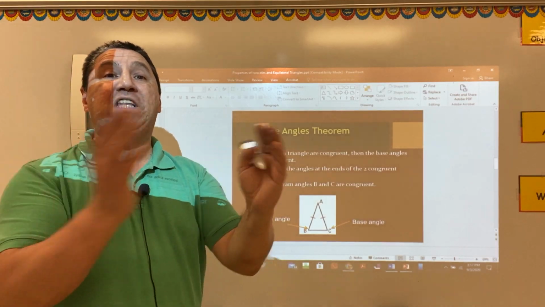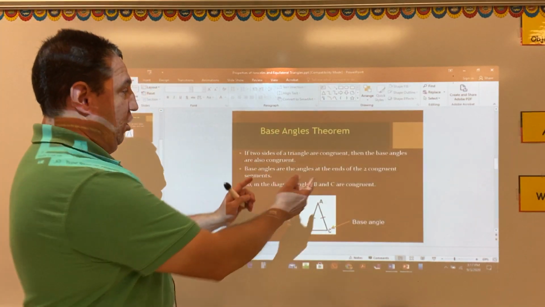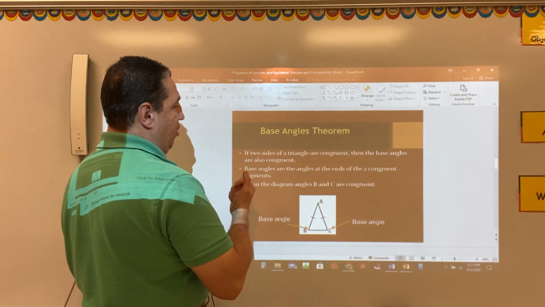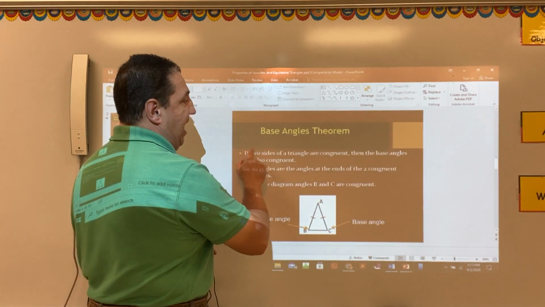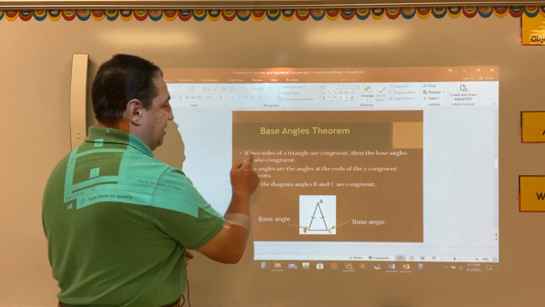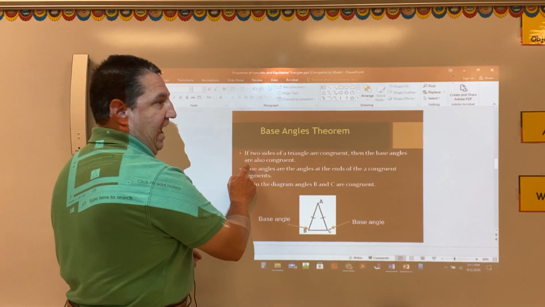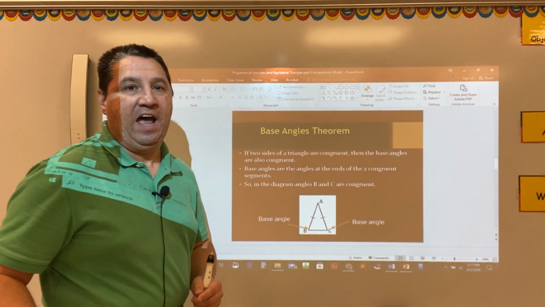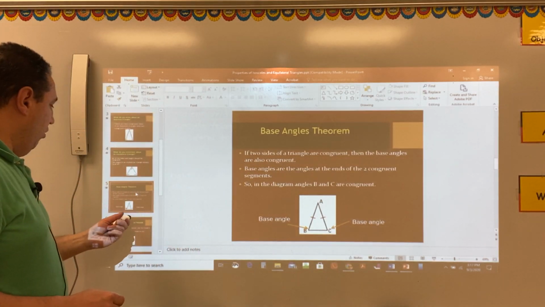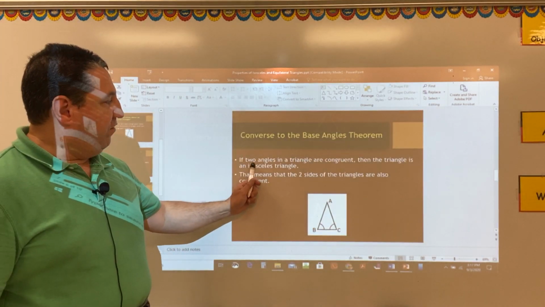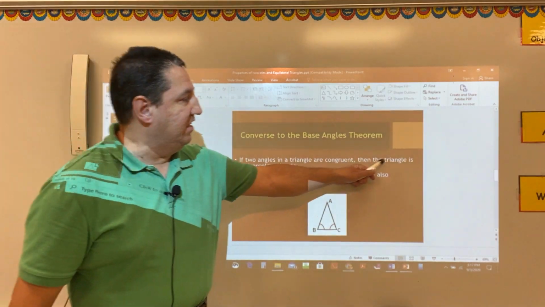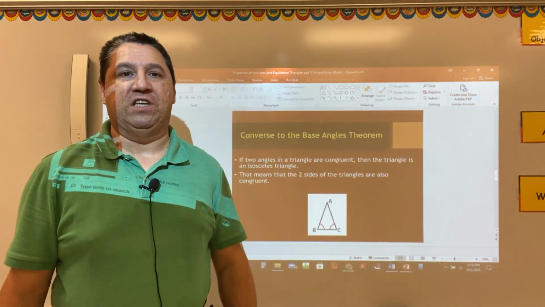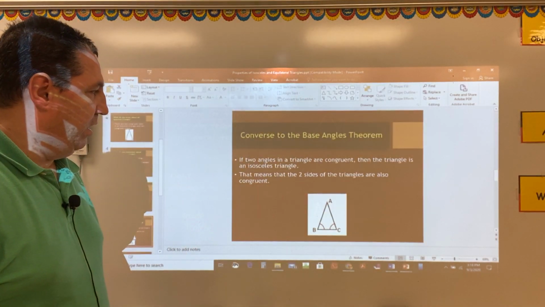So the converse would be if the base angles of a triangle are congruent, then the two sides of the triangle are congruent. If two angles in the triangle are congruent, then the triangle is an isosceles triangle, which means two sides are congruent. Good.